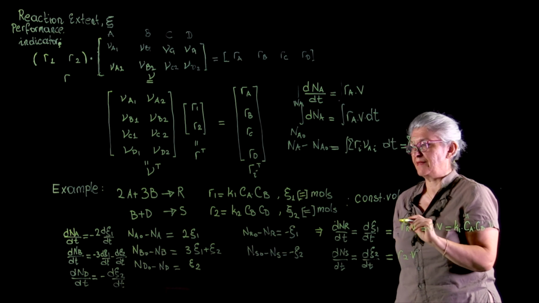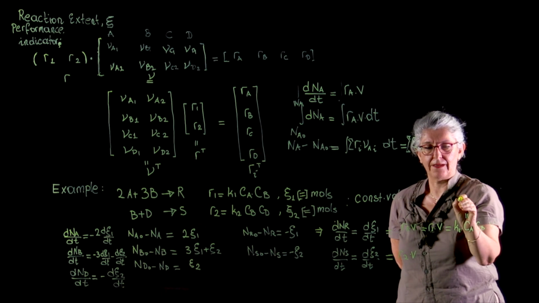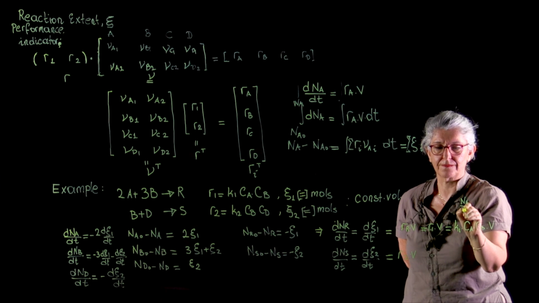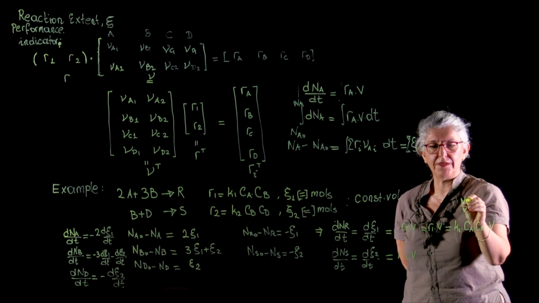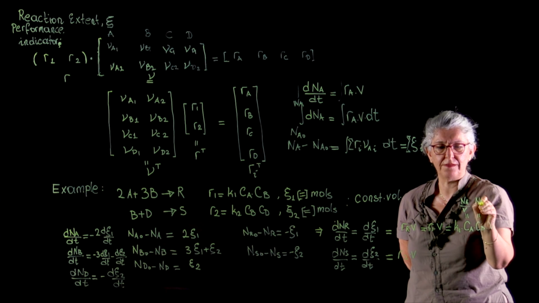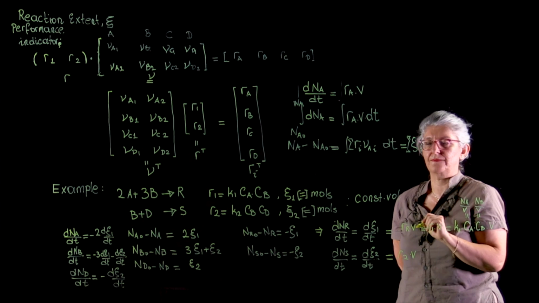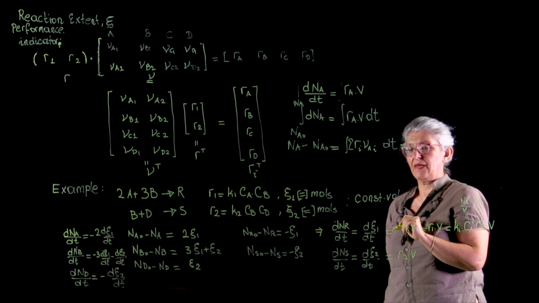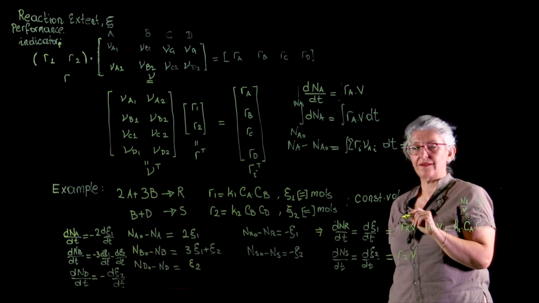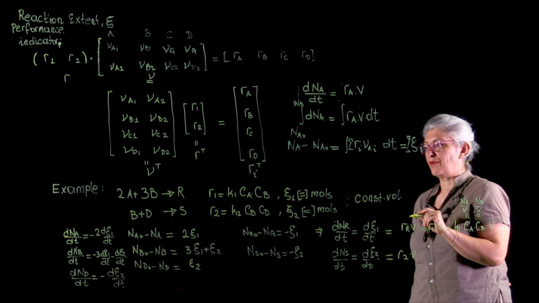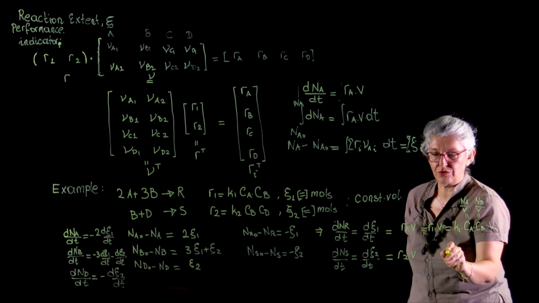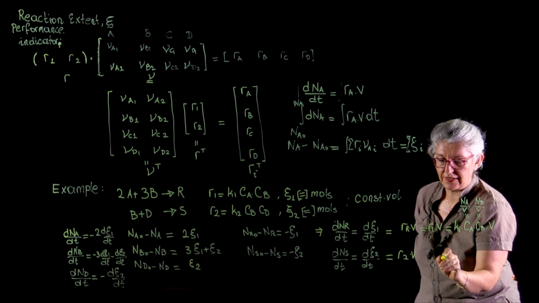Ca is Na over V. Cb is Nb over V. And Na and Nb are expressed in terms of reaction extents. We're going to substitute for those as well.